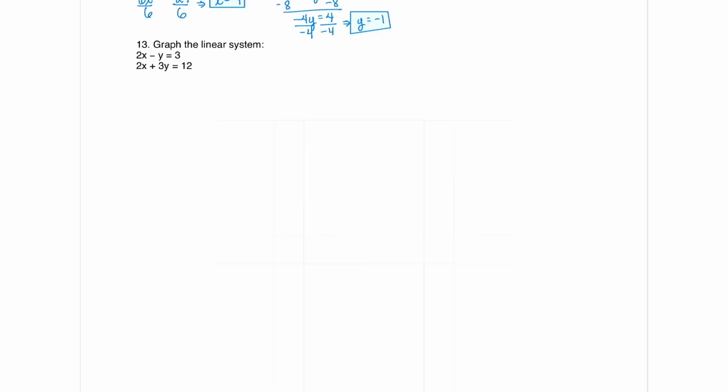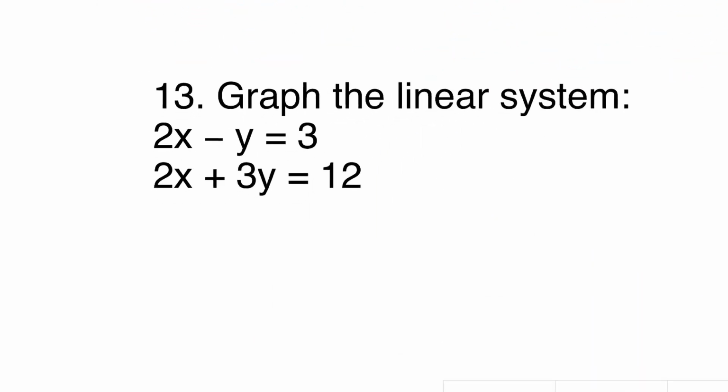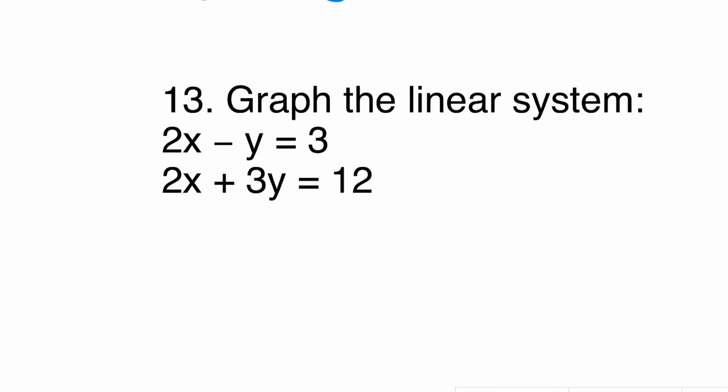Number 13, graph the linear system. Okay, I'm going to go ahead and sketch our x and y axis again here. And we do need to solve these equations for y first. So I'm going to add y on the top one and subtract 3. So this is going to become 2x minus 3 equals y.